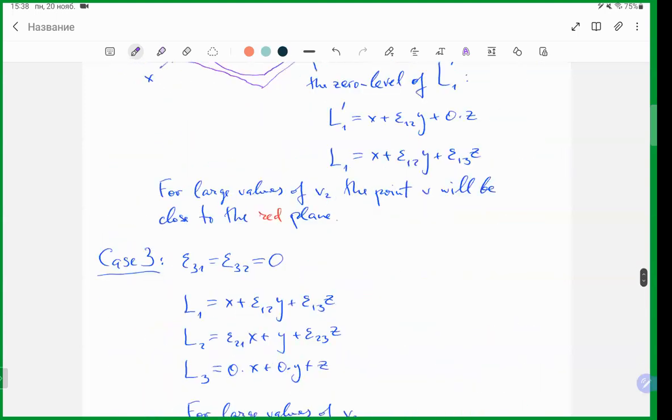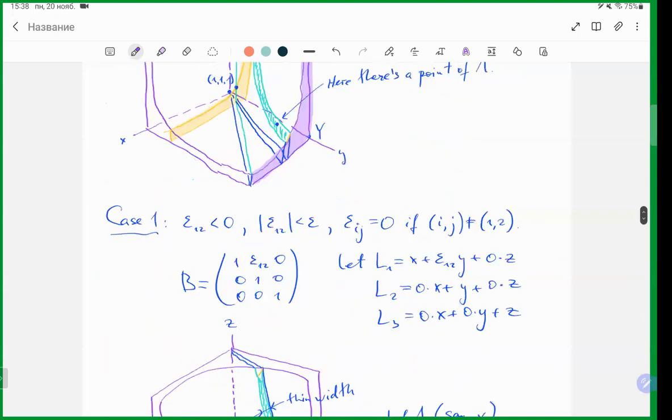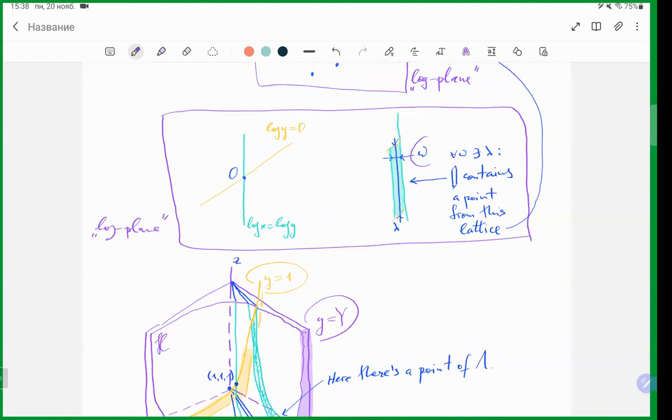I think we called it lambda here. We have this statement: for every omega, arbitrarily small, there will exist a lambda which will determine Y capital, such that this parallelogram contains a lattice point.